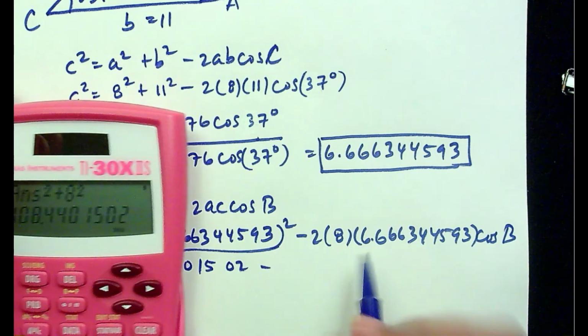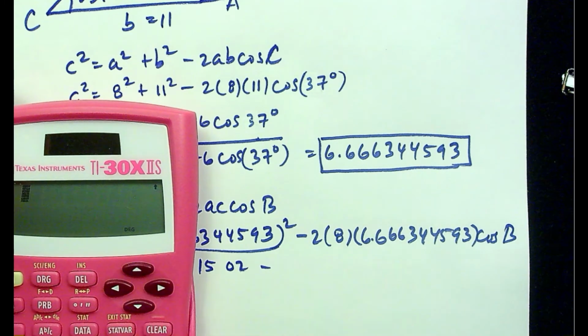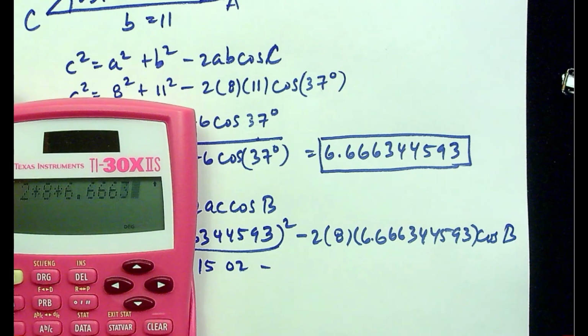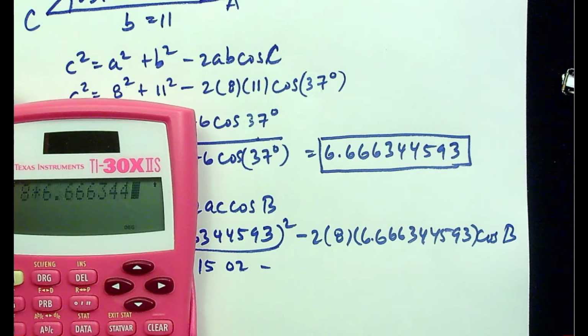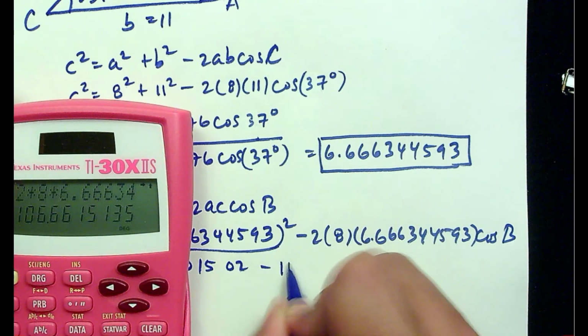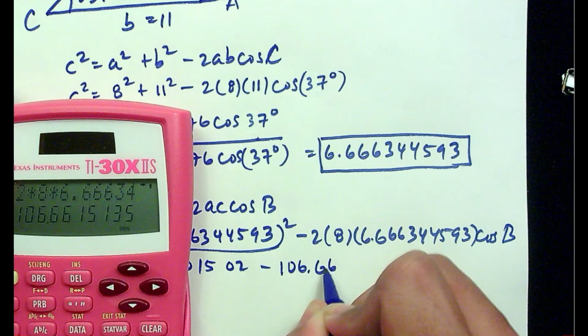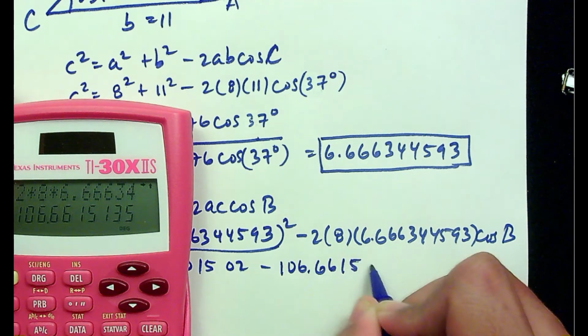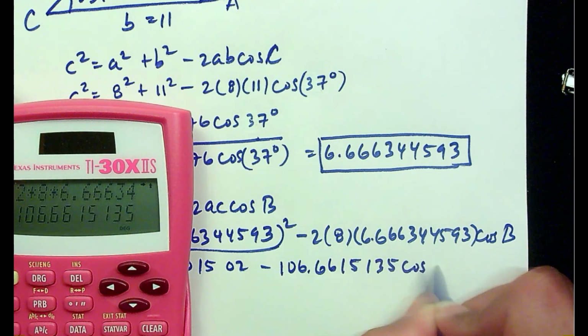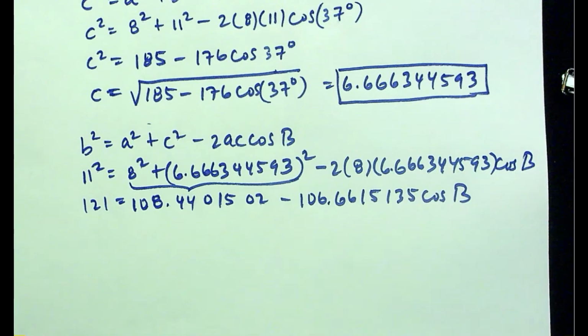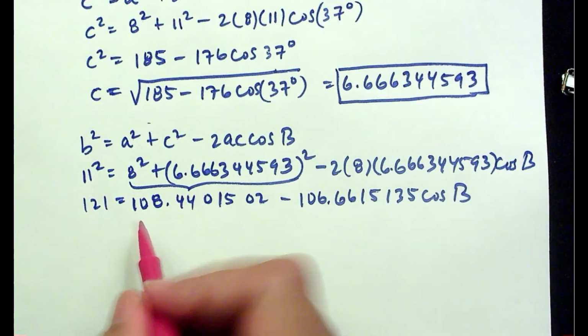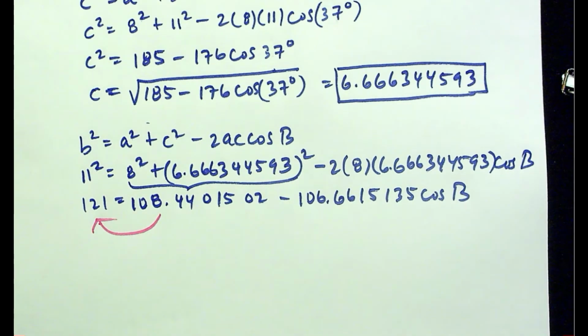And now let's multiply here. 2 times 8 times 6.666344593. That would be 106.6615135 cosine of capital B. Okay, now subtract, move that over here.